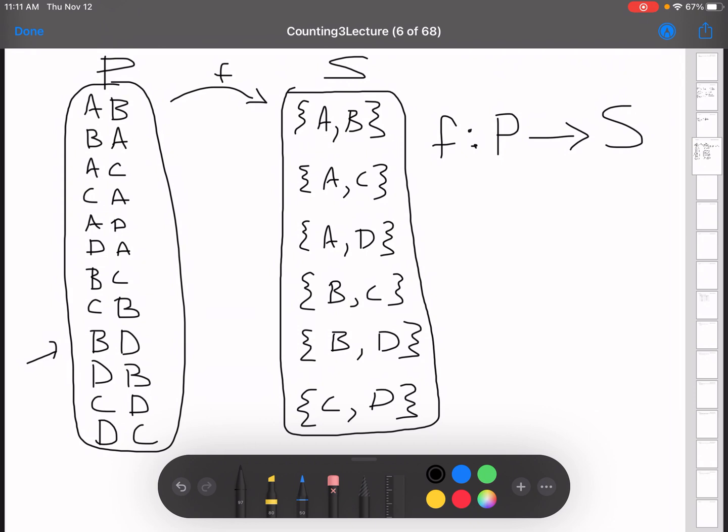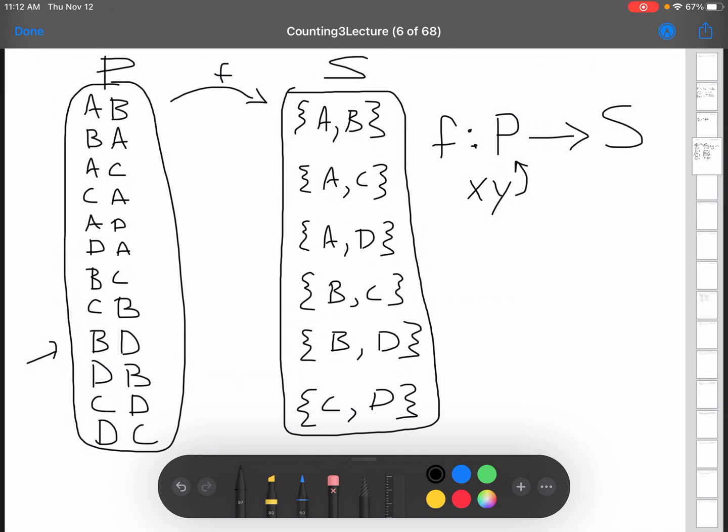So what f is going to do is it's going to take a 2 permutation and send it over to a 2 subset. And so let's define a general permutation. I'll say xy. So xy lives in P. What is x, what is y?